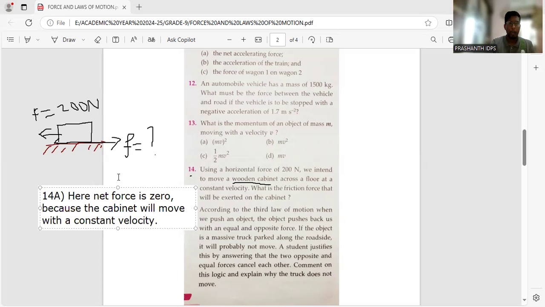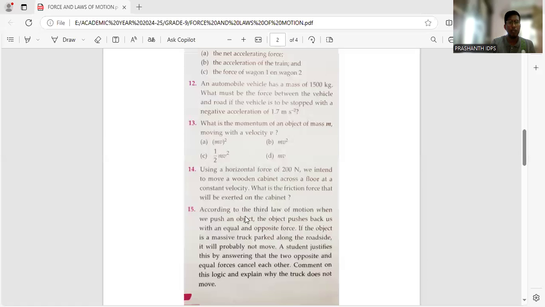Okay, fine. Let us go to the next question. According to Newton's third law of motion, when we push an object, the object also pushes back on us with an equal and opposite force. Yes, we know already.